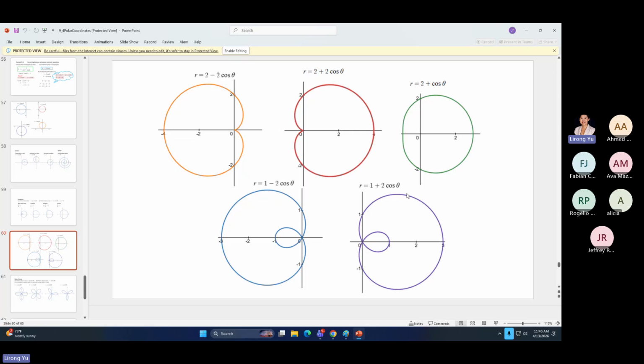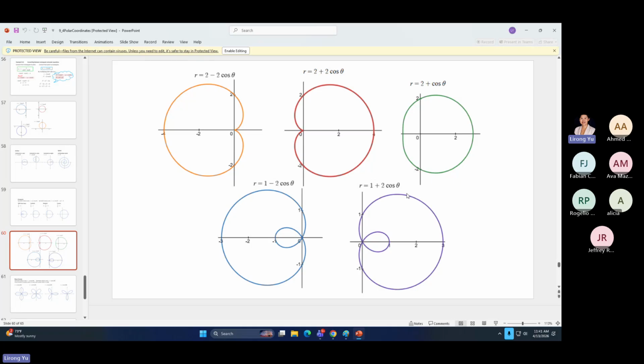Over here is when r equal to 2, which is the A, is way bigger than the B. So in this case, r equal to 2 is a circle of radius 2, and the cosine only changes it slightly because the cosine has a smaller coefficient. Are we okay?